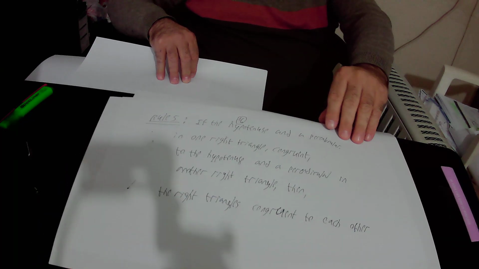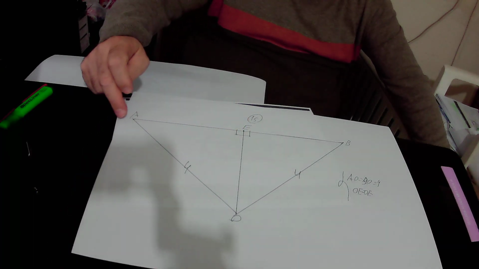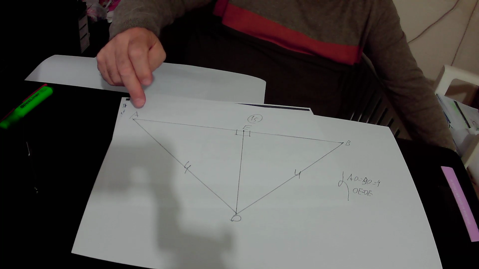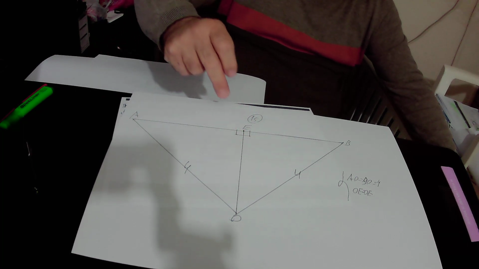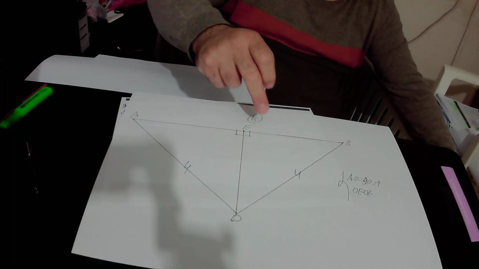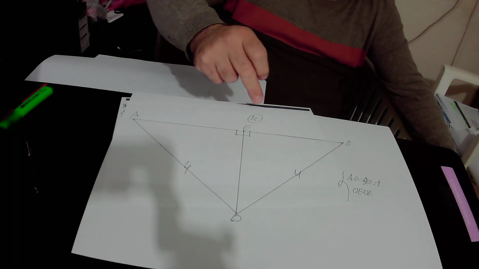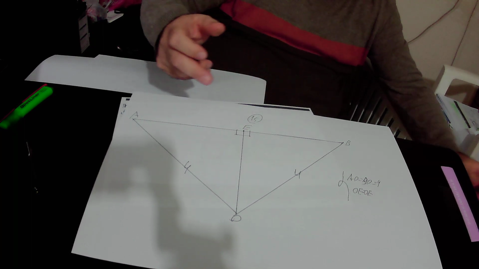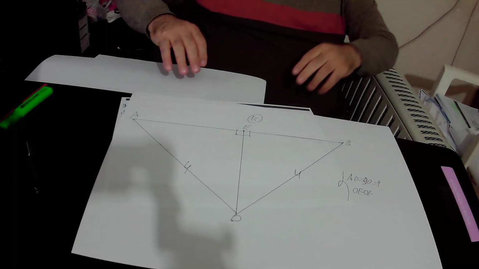And we proved that the hypotenuse OA and the perpendicular OE in the right triangle AOE are congruent to the hypotenuse OB and the perpendicular OE in the right triangle OEB. Therefore, those two right triangles are congruent according to rule number 5.